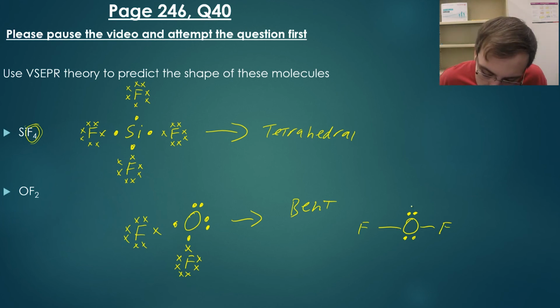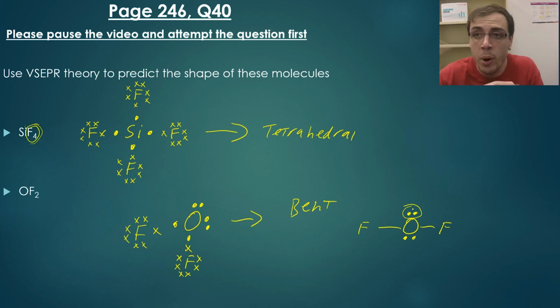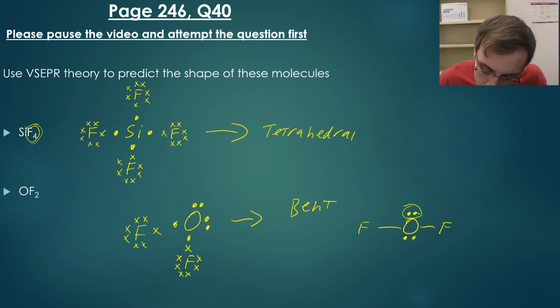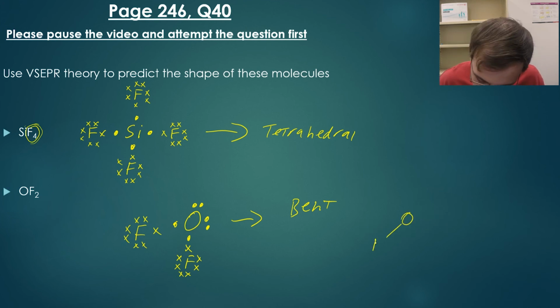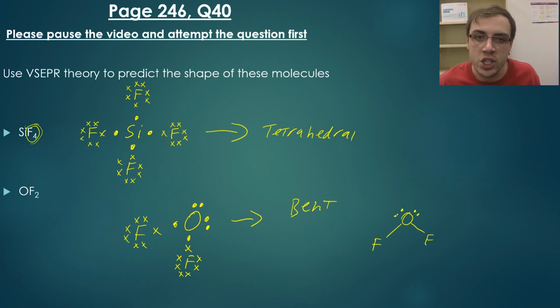So if we have a pair of electrons, they're going to work exactly the same as a bond to another atom. They're going to push things away from it. Because the difference here between the pair of electrons over here and the pair of electrons which are connecting the fluorine and the oxygen are only 90 degrees apart, they're still too close. And this is why, instead, it will form this shape, because these lone pairs of electrons will push them down.